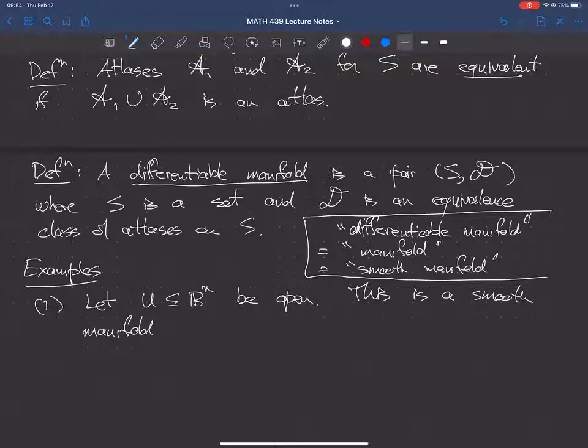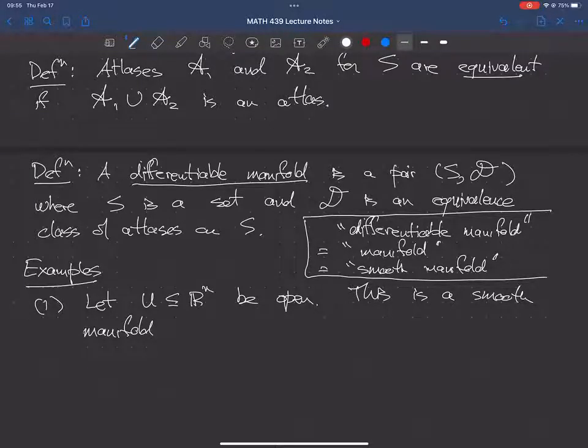And again, to make something into a manifold, all I need to do is choose an atlas. Well, there's an obvious atlas here, which is just the set U itself with the inclusion mapping into Euclidean space.